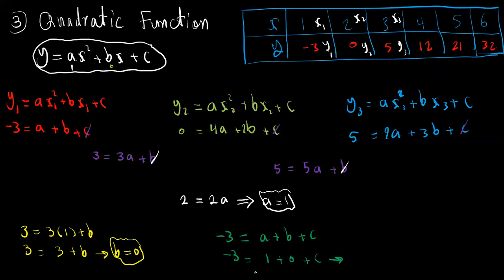So from this equation, negative 3 minus 1, so c equals negative 4. So c is negative 4. This is 1, this is 0, and this is negative 4. I can rewrite this equation.